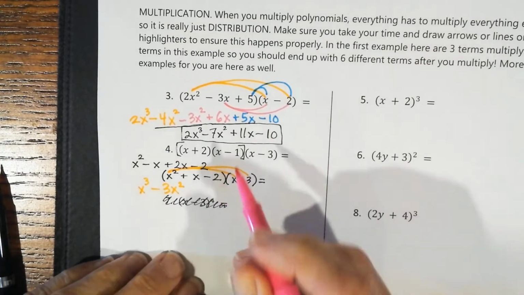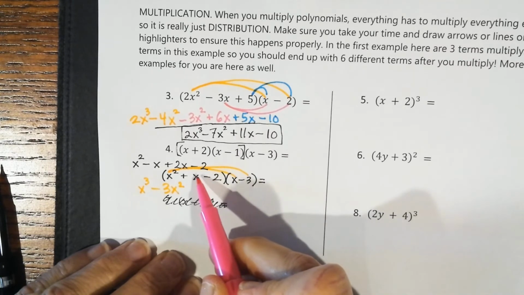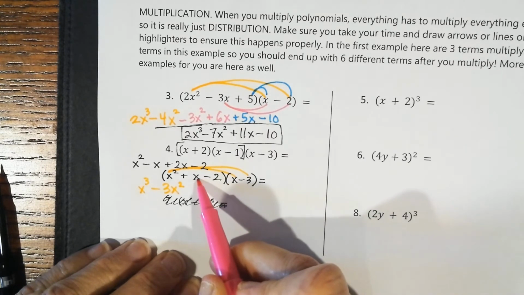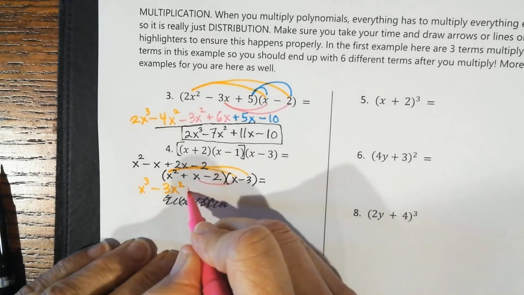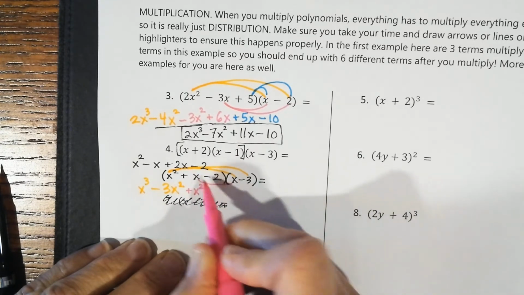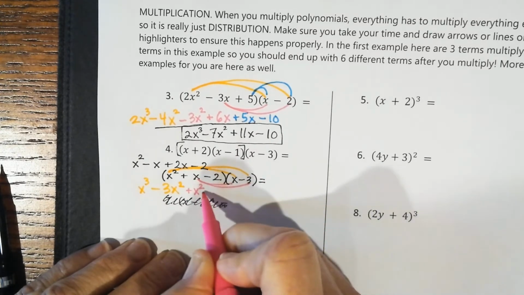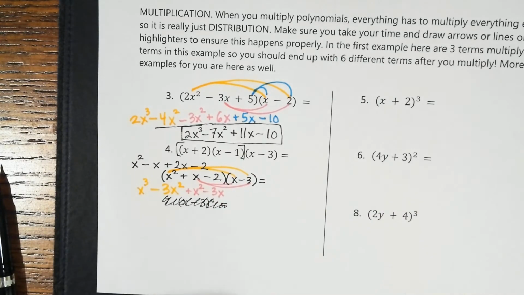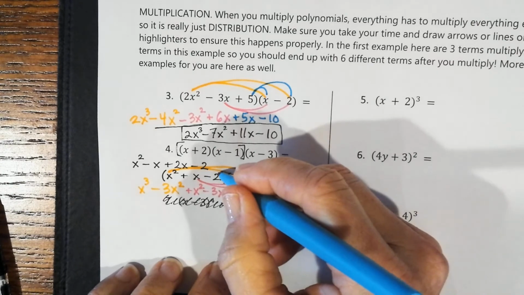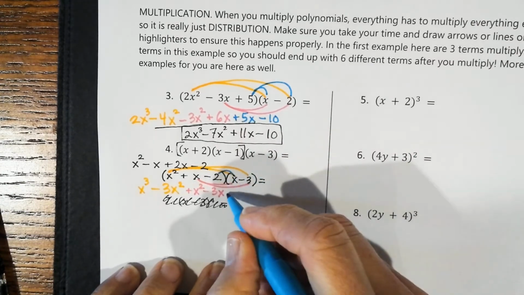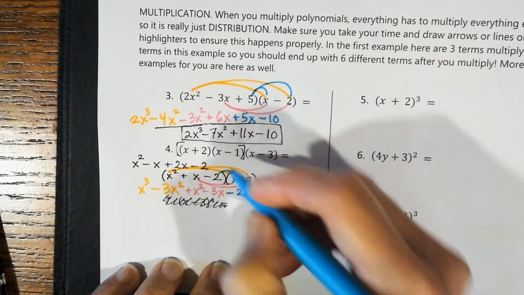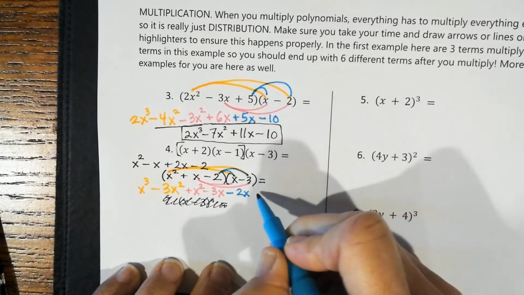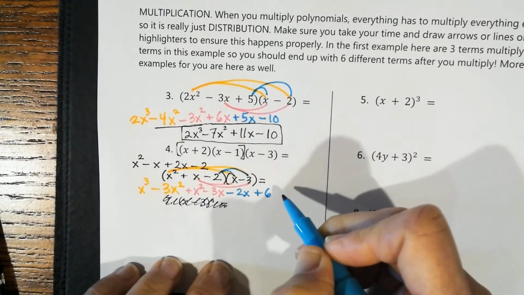Then I'm going to do x times x. That'll give me another x squared. And I'm going to do x times minus 3, minus 3x. The third colors I'm going to do are here, minus 2x. And then here, plus 6.